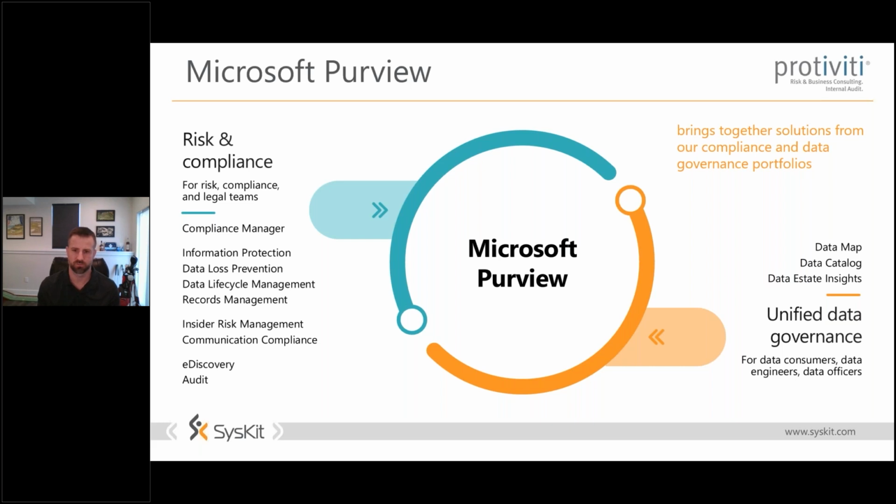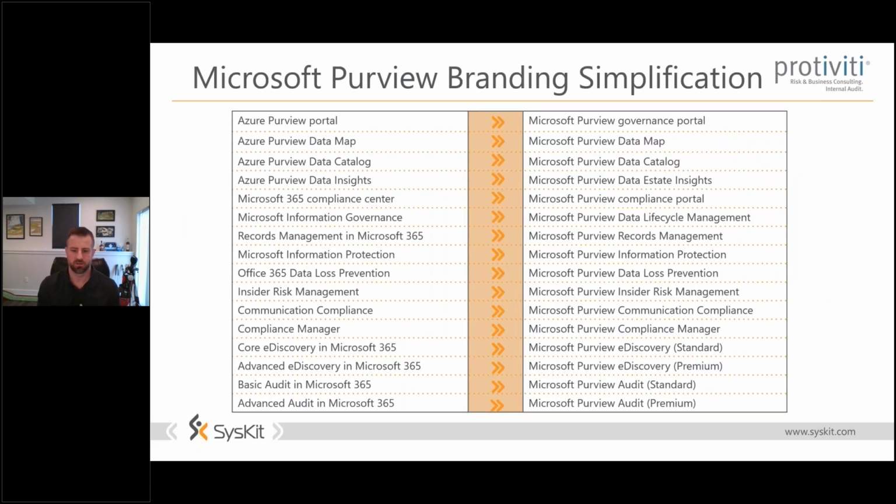Microsoft Purview is a brand. Now, Microsoft Purview, like I said, is core, kind of behind the scenes. It is a branding simplification. Now, there was a product called Azure Purview. So Azure Purview was your structured, your schematized assets, your Azure SQL data, and how would I catalog that and put insights around that? That was Azure Purview.